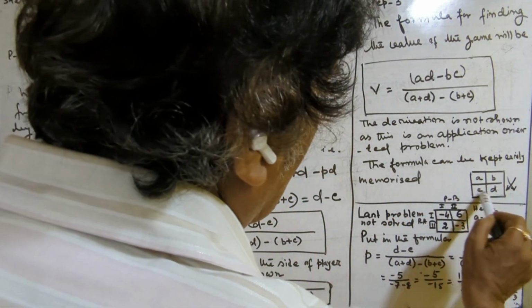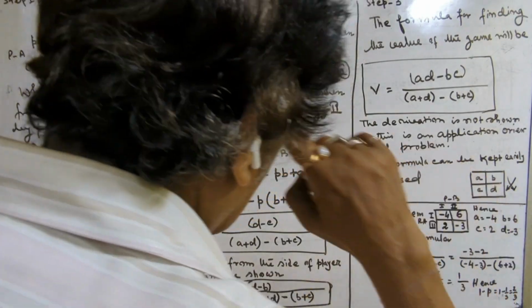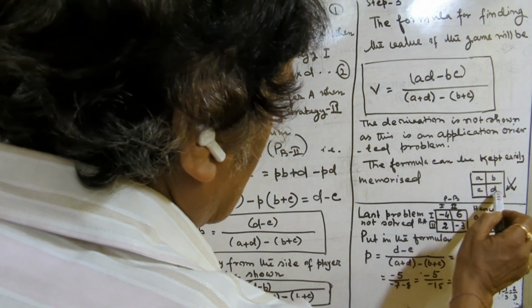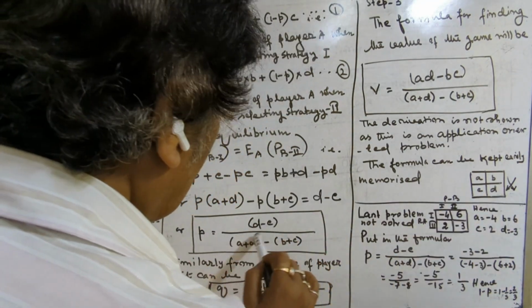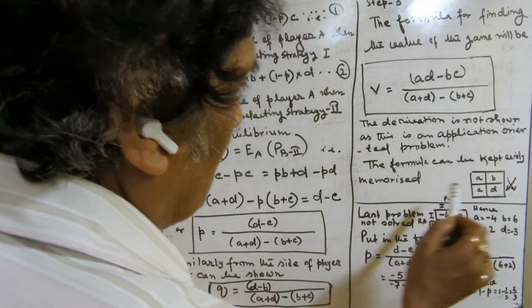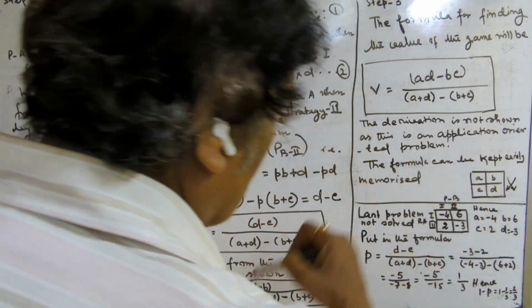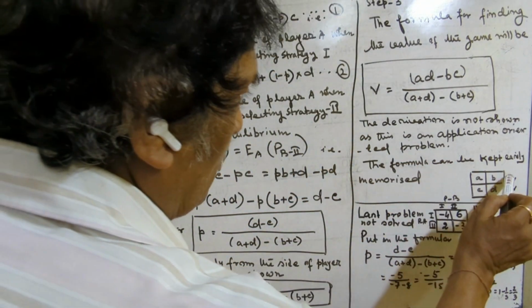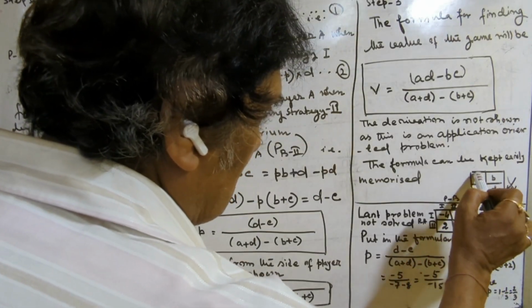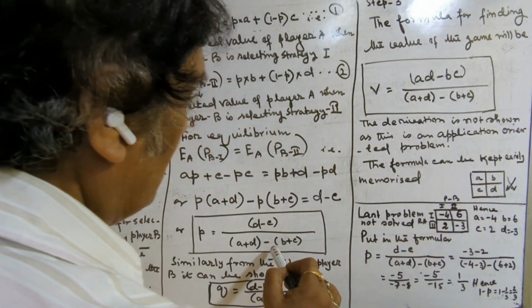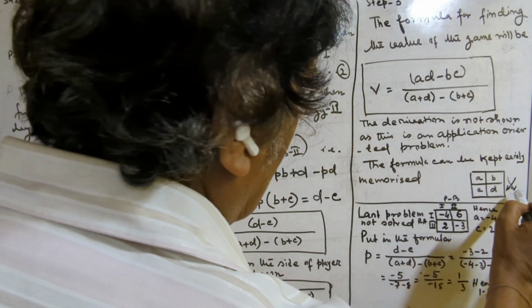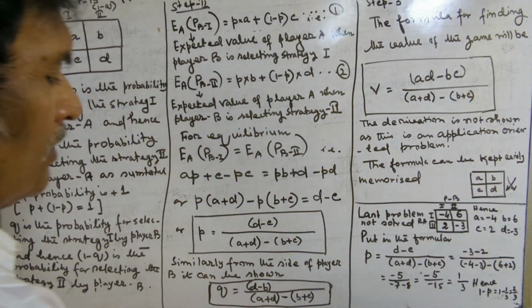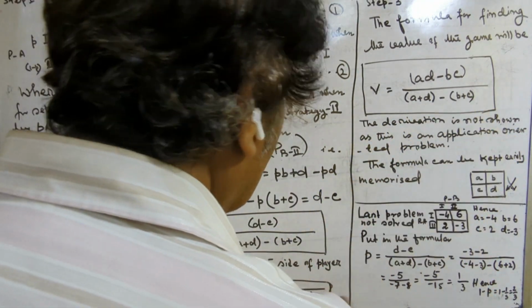This is the 2 by 2 game problem with A, B, C, D. You see, for probability P, the numerator is D minus C. For P you will take this one, D minus C, and the denominator is the same. This is the process of cross. The denominator is A plus D minus B plus C, and it is the same for all the formulas.